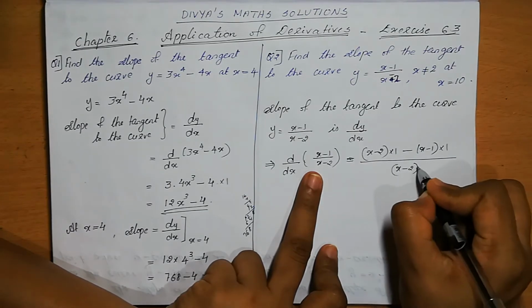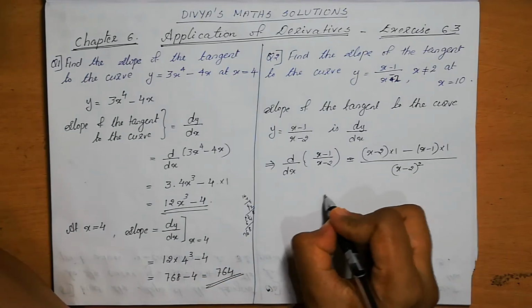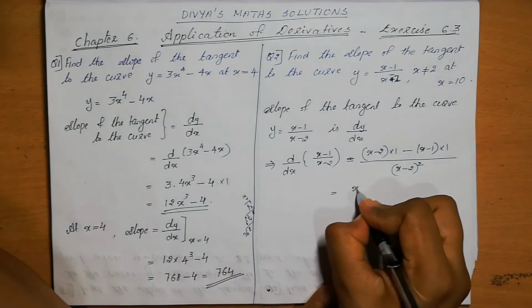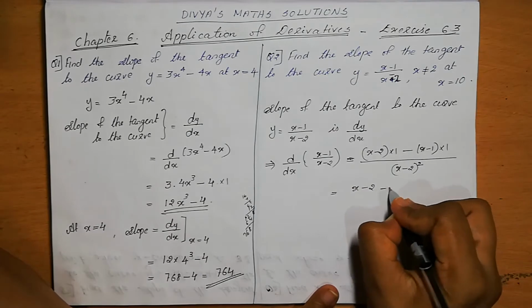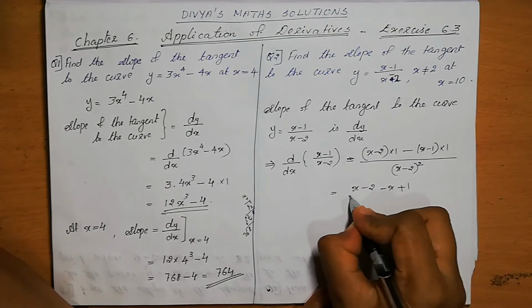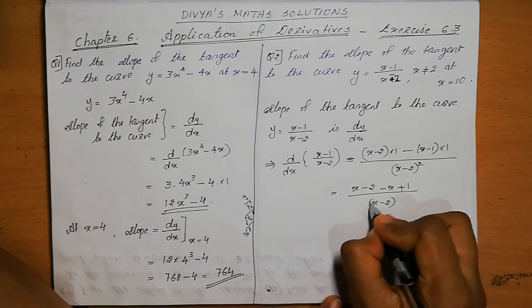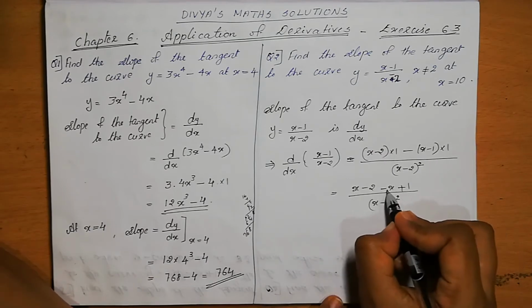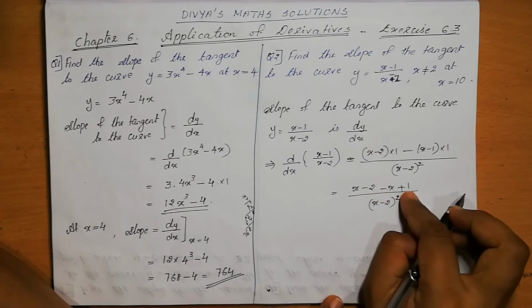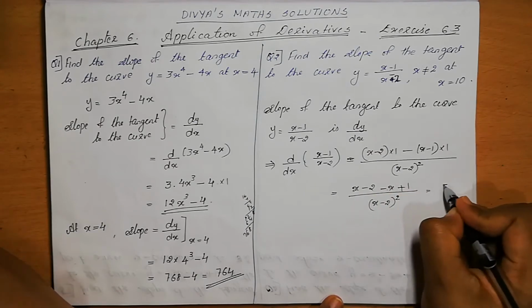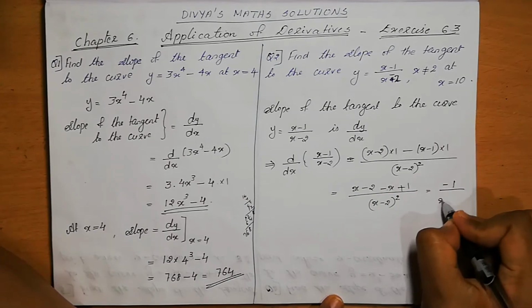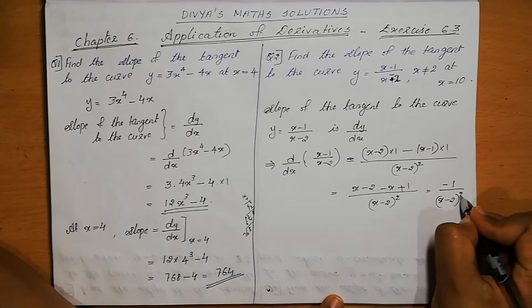That means x minus 2 the whole square. If you open the bracket, this becomes x minus 2 minus x plus 1 divided by x minus 2 the whole square. So minus x plus x becomes 0, minus 2 plus 1 is minus 1. So this is equal to minus 1 by x minus 2 the whole square.